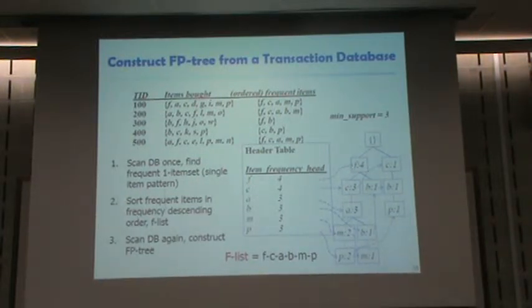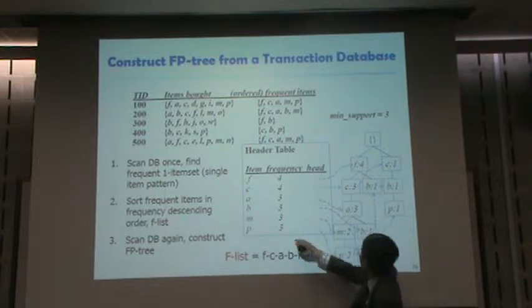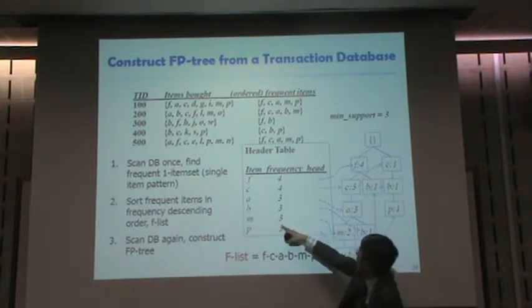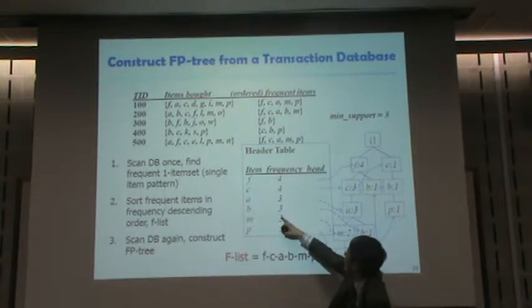We can build such an FP tree based on the frequent item set. So for example, P. Where are the P's? P here, P here, P here. Because the minimum support is 3, always 3. At the upper level, how many P's are common with M?